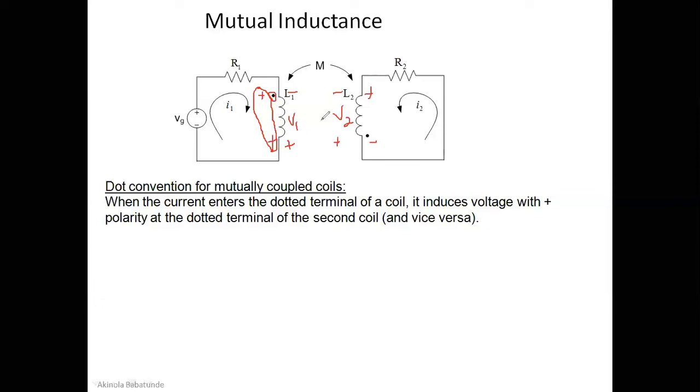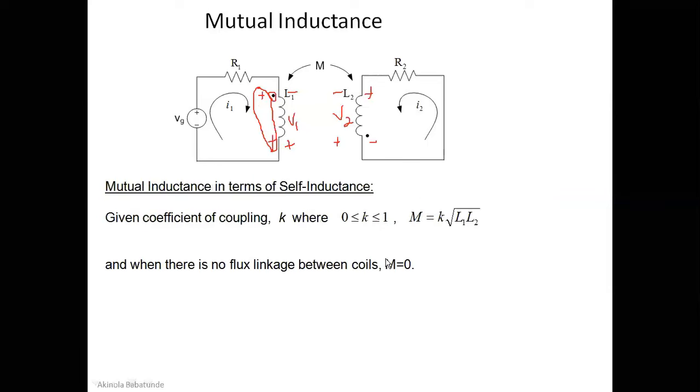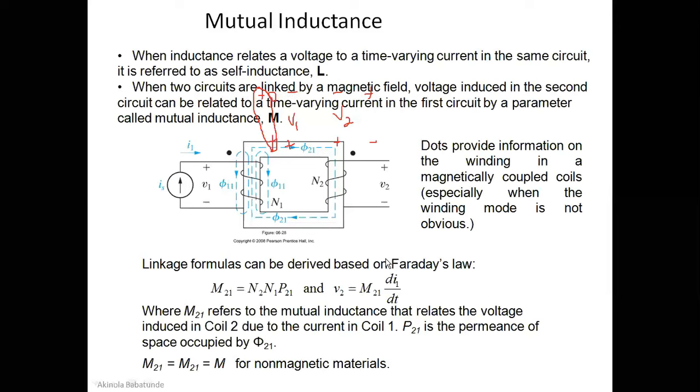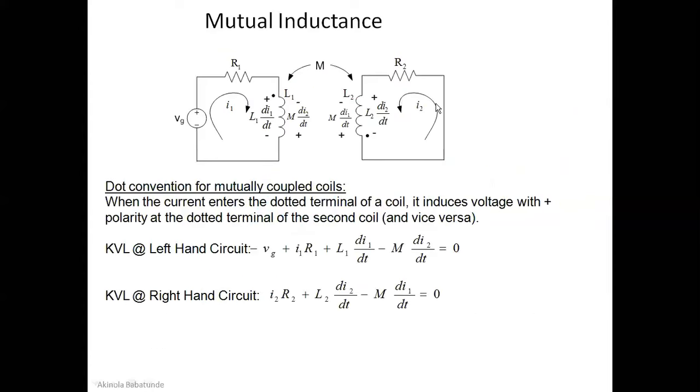V2 will be induced by current I1. And that is why if you flip back a little, you will see something I showed you guys here. We said M21 will be equal to dI1 dt. V2 is M21 dI1/dt. V2 is induced by current 1, not by current 2. So this is what I'm now talking about. What we have here now is our V2.